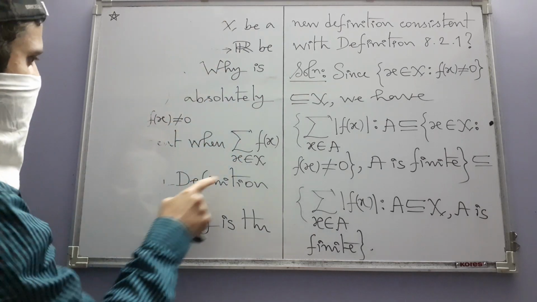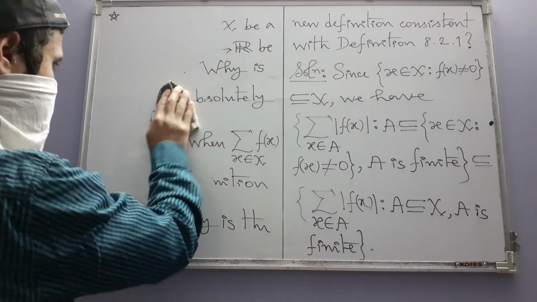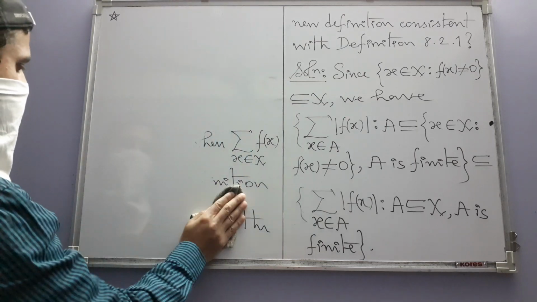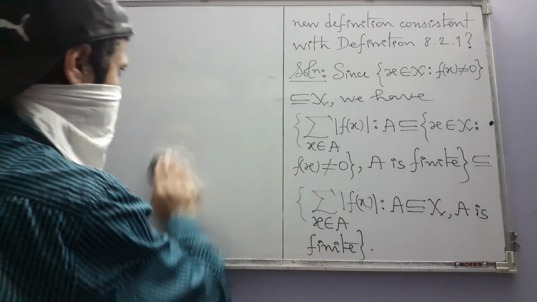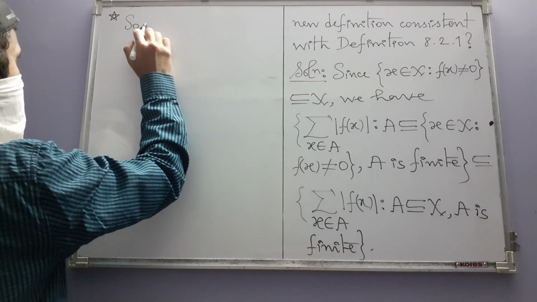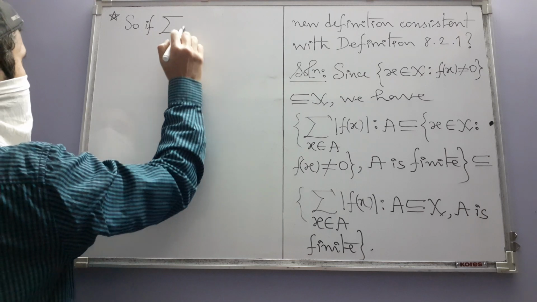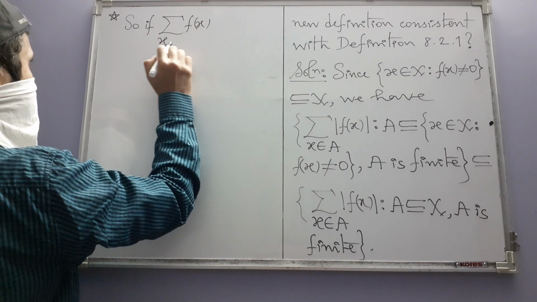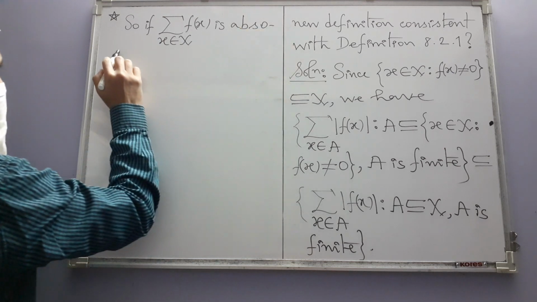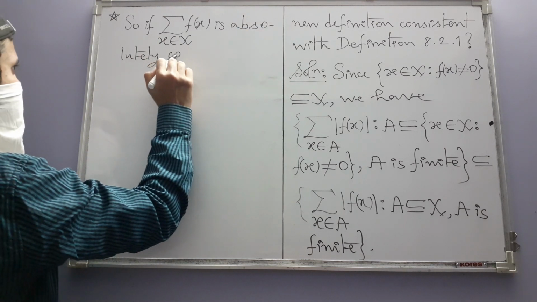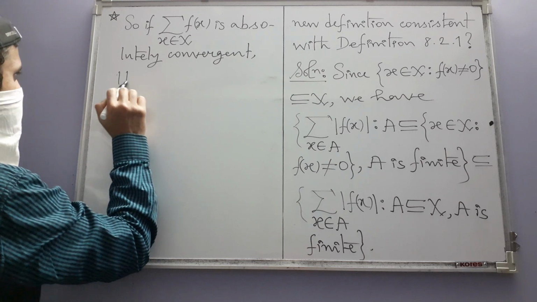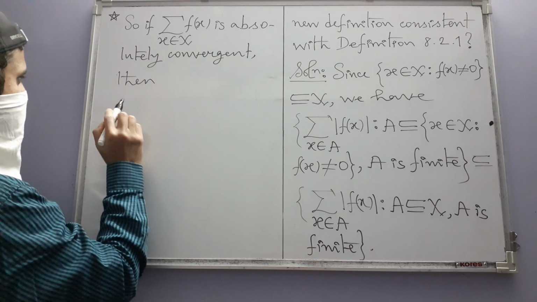What is our hypothesis? That this is absolutely convergent. So, if this is absolutely convergent, then first of all we note this.